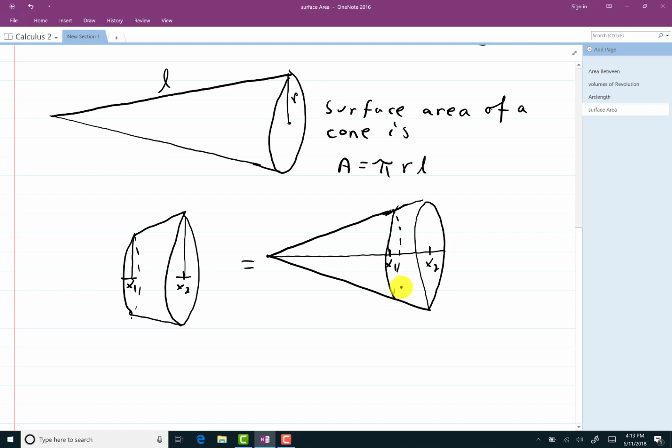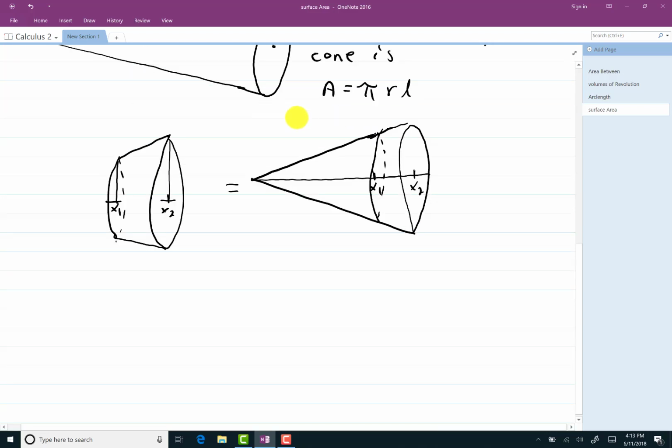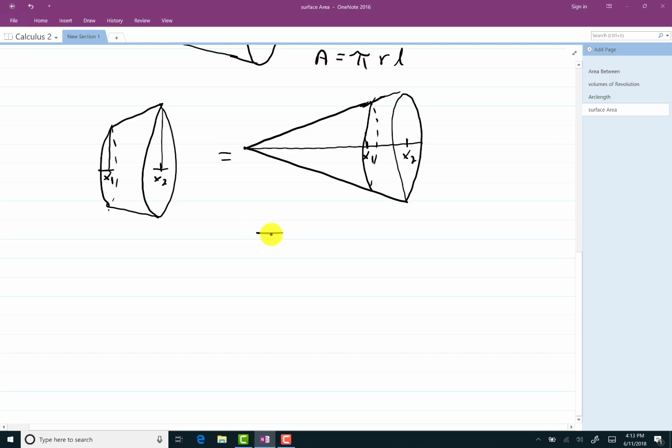So anyways, if I take this cone and I subtract from it the smaller portion, so if I go and take this full-size cone and get rid of this small piece, then I will get the area of this. So what's the area of this guy right here?